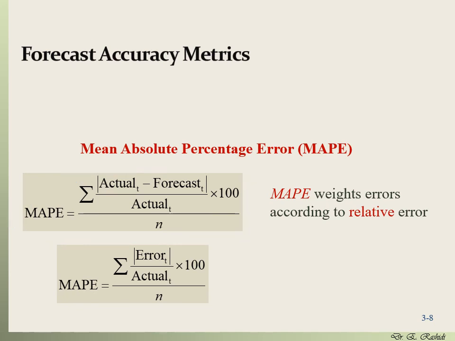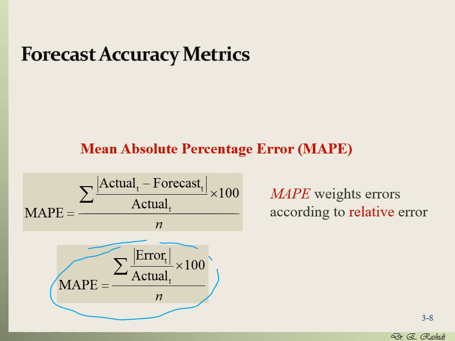As you can see from the shorter formula, the MAPE is the summation of absolute error divided by its actual, multiplied by 100%. So it computes the absolute percentage error, adds them up, and divides by n. It gives us the mean, or the average, absolute percentage error for our forecast.